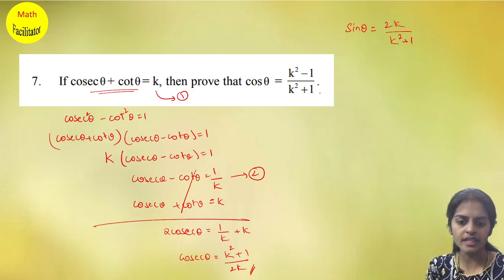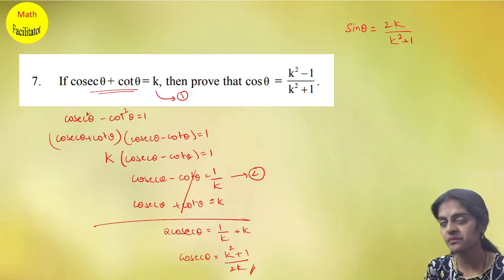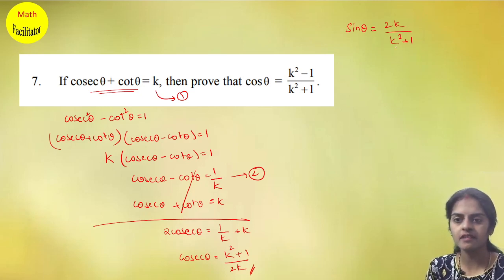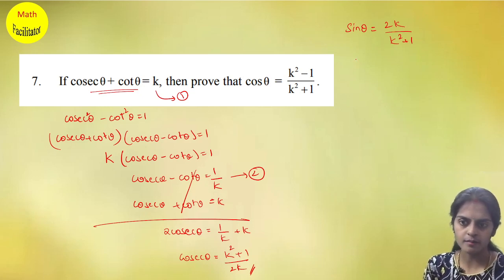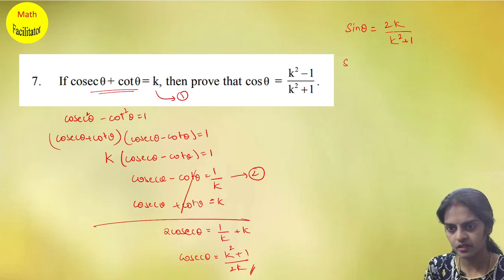So substituting cosecant theta in any one equation. Here again there are two methods, as I already explained for the secant theta tan theta question. You can use Pythagoras theorem here to find cos theta. Otherwise, what you can do here is substitute the cosecant theta value in equation 1 or 2.